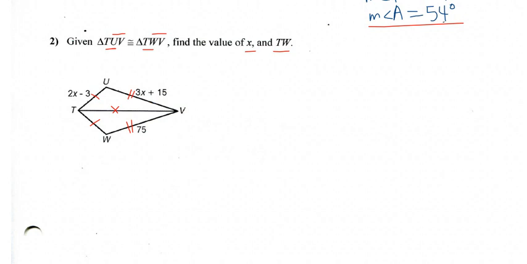So because UB is congruent to segment WB, notice that when I name the segments, it's also named based on the correspondence.